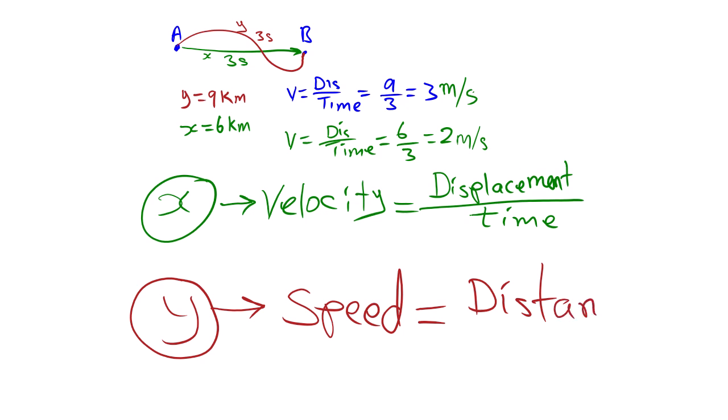So distance over time is speed, while displacement over time is velocity. So the difference between speed and velocity is displacement and distance. Displacement always produces velocity, while distance produces speed.